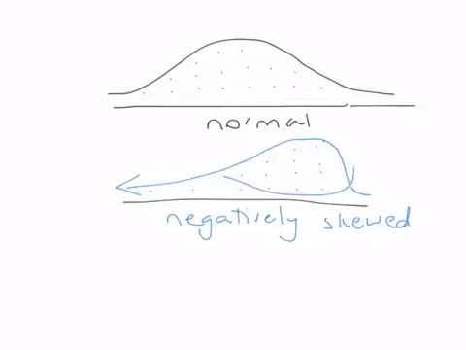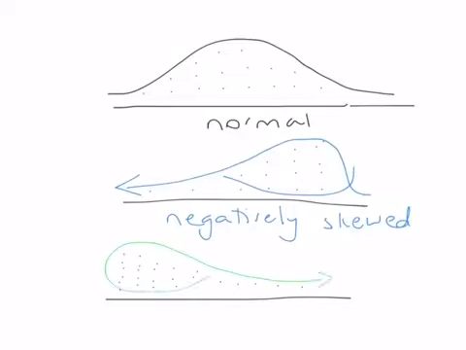But then if I had scores where I had lots down this end and not much down there, then my skewer would point the other way, and that one is pointing in the positive direction, so it is positively skewed.